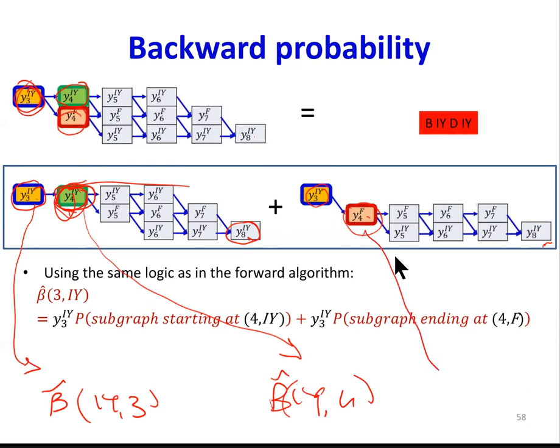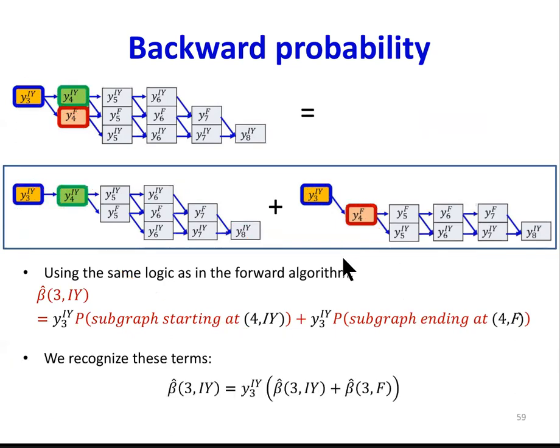And this one is going to be beta hat F4, whatever it is. So this should have been F4, beta hat F4, right? And so beta hat 3E, which is the total probability of all paths from here to the end, is simply going to be YE3 times beta hat E4 plus beta hat F4.